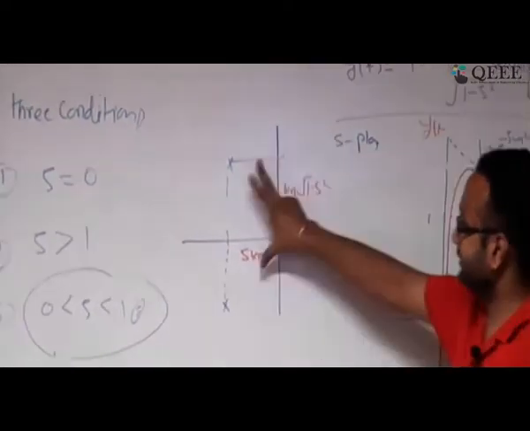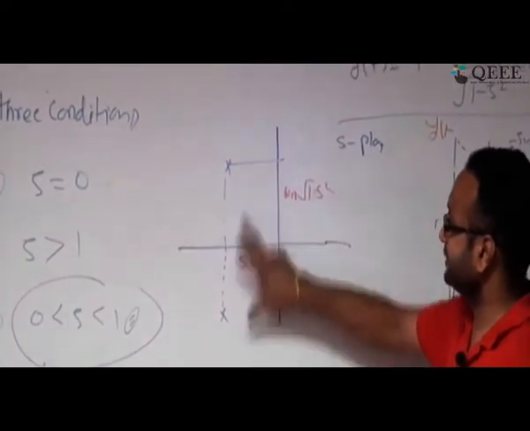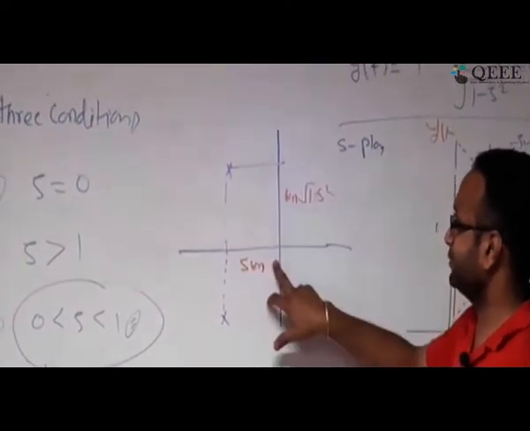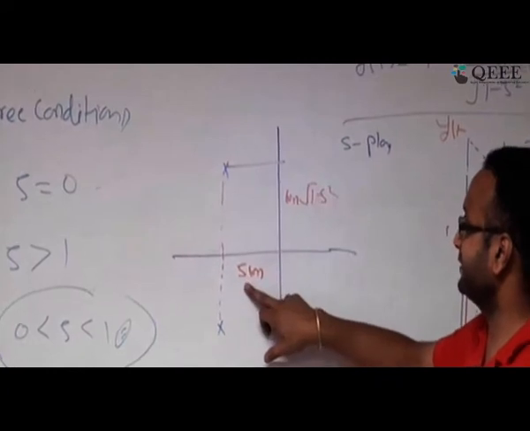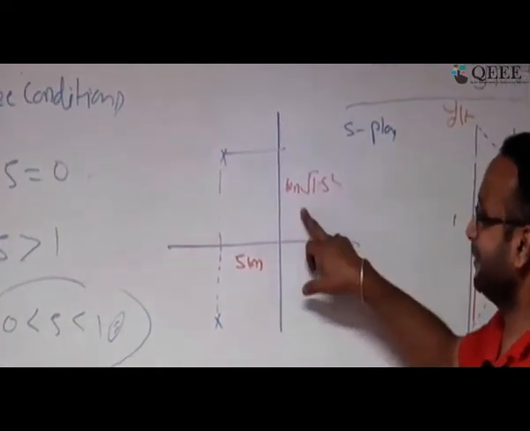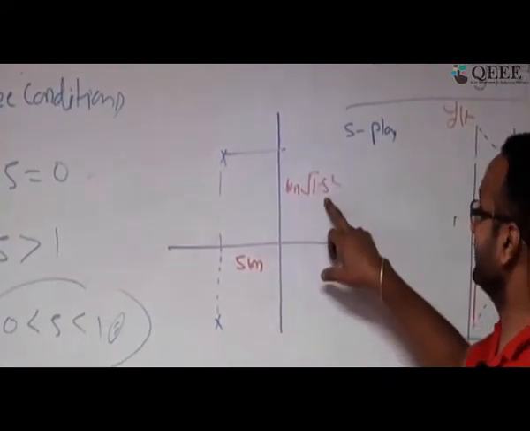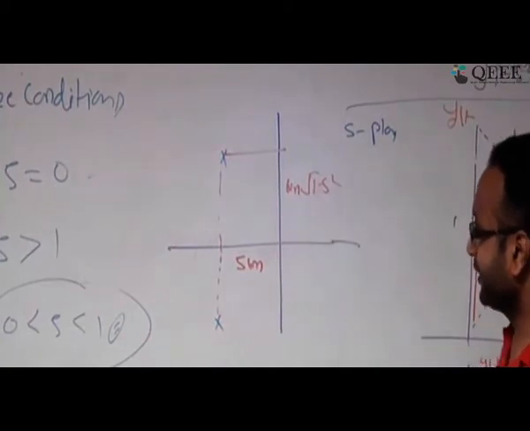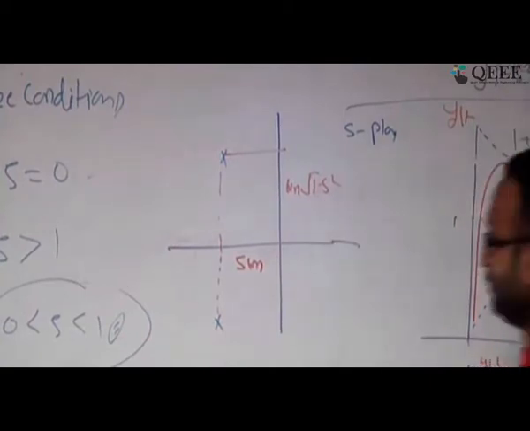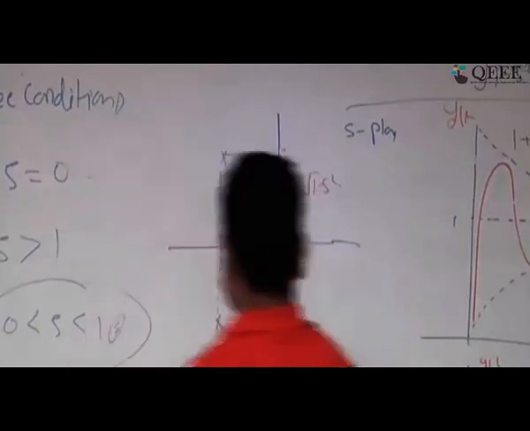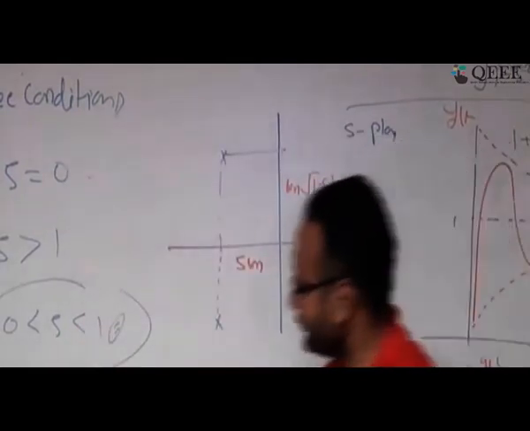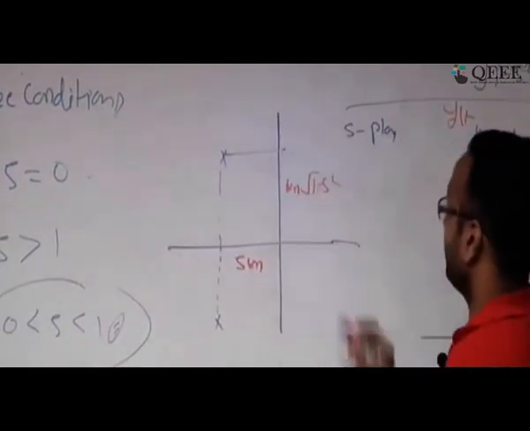This second order system has two poles in conjugate locations, where the real part is minus zeta omega n, and the imaginary part is omega n root of 1 minus zeta square. Okay, fine. Now think of the scenario when zeta equals 0. When zeta is 0, the real component is going to be 0 and the imaginary component will be here.